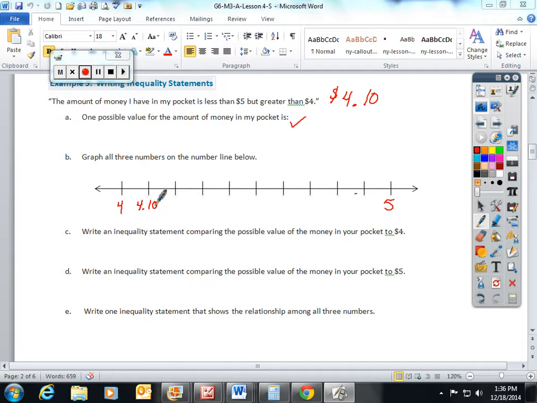But since we're talking money, $4.10, $4.20, $4.30, $4.40, $4.50, $4.60, $4.70, $4.80, $4.90. $4 would be here, $4.10 would be here, and $5 would be here.